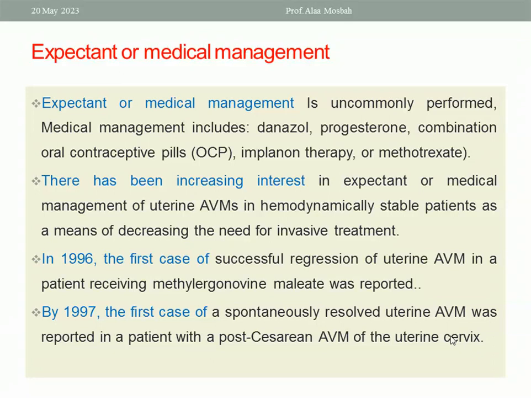There has been increasing interest in expectant or medical management of uterine arteriovenous malformation in hemodynamically stable patients. So, this category of patient, in which you are going to give this line of treatment, the expectant or medical, should be hemodynamically stable.